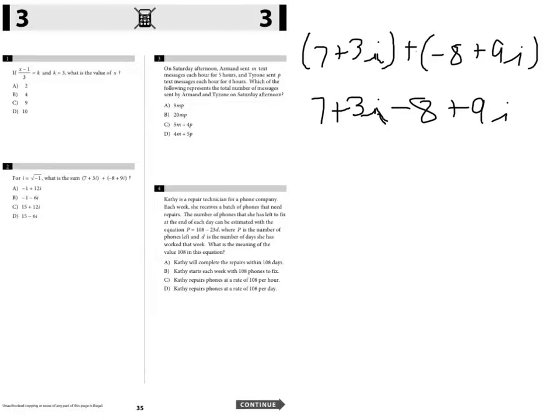And now we can just combine like terms. Obviously, 7 minus 8 is negative 1. 3i plus 9i is just 12i. So the answer would be A. Again, the i necessarily is not needed in this question. You just treat it as a variable.